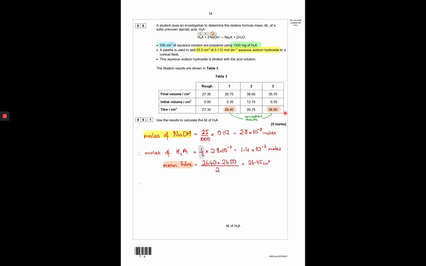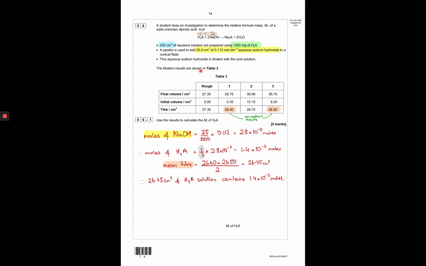So our mean titre is the average of those two values, so 26.45. That means we had 1.4 times 10 to the minus 3 moles in 26.45 centimeters cubed. So that's what we've stated. Now, that 26.45 centimeters cubed came from our original. We originally dissolved all of our acid in 250 centimeters cubed, and then 26.45 of that 250 centimeters cubed has had 1.4 times 10 to the minus 3 moles in it.